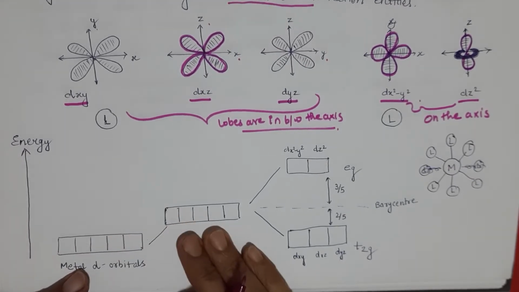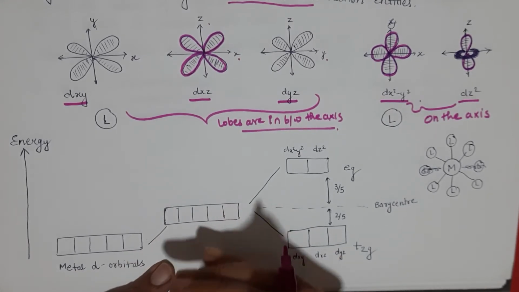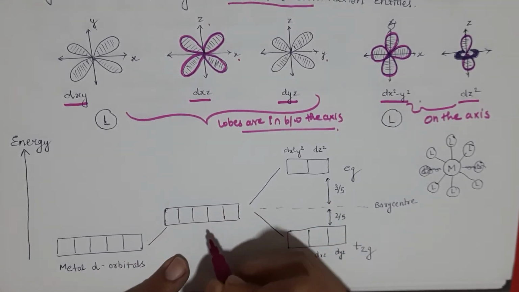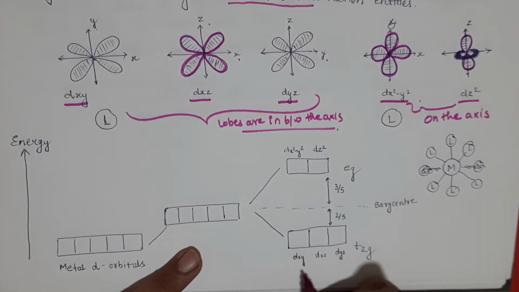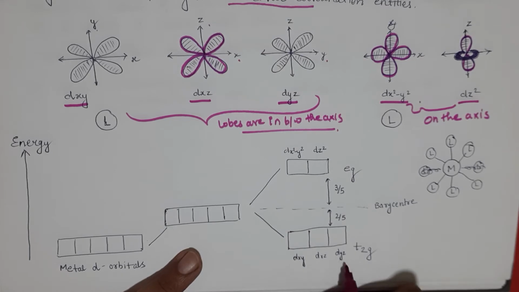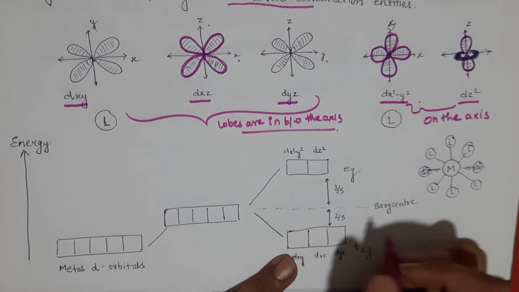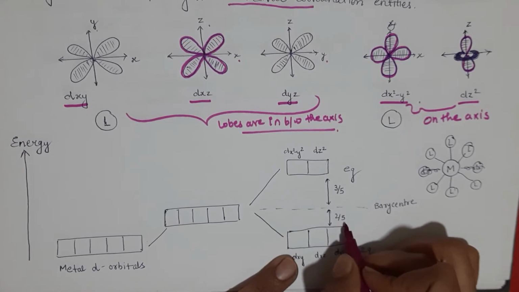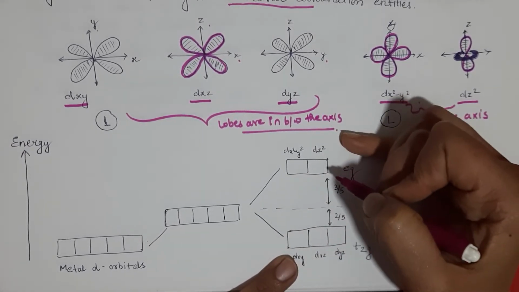When a ligand approaches, the orbital gains some energy, and then it splits into two. The dxy, dxz and dyz get lower energy by 2/5, and these two get 3/5 higher energy.